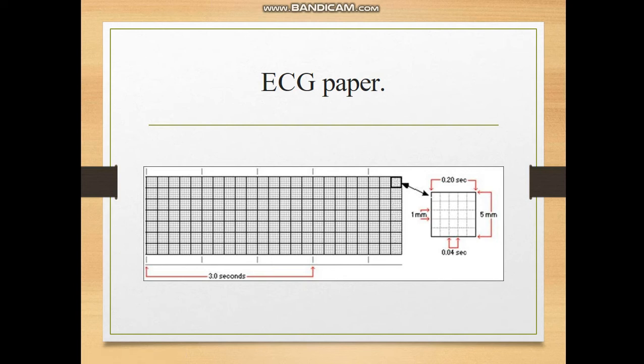This is very much important. One smallest square denotes 0.04 seconds, and it denotes 0.1 millivolt.